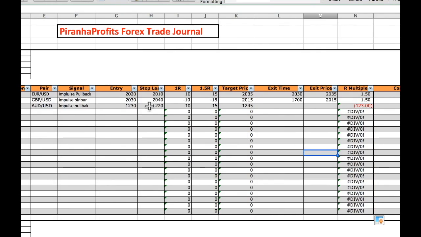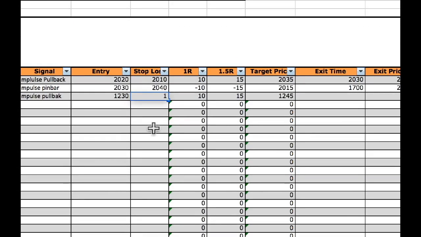Okay, so you can see if you were to change this to 1210, you can see these changes. The formula is there to deduct this from this. So 1220, boom, immediately all three would change based on that formula.